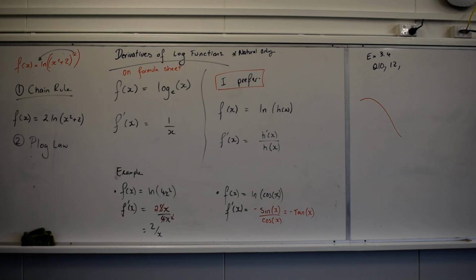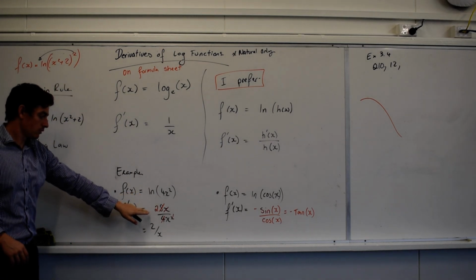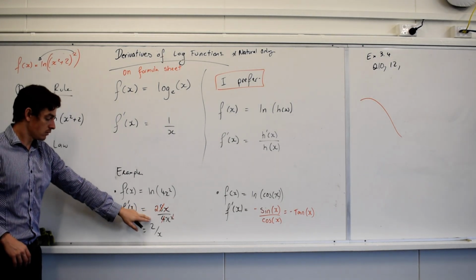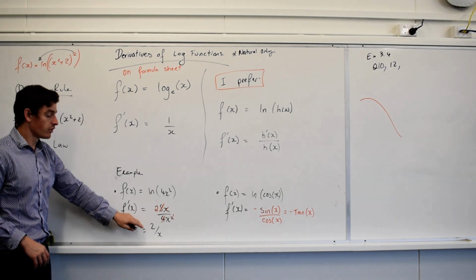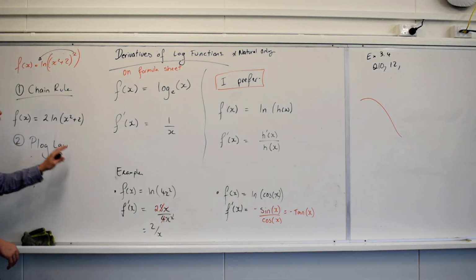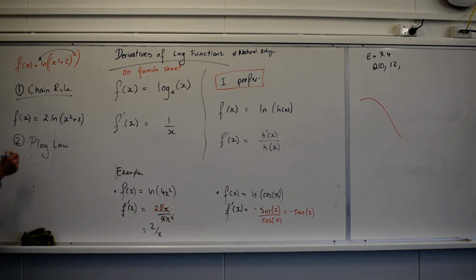Where does the 2 go? When you've got 2 ln, once you've derived it, does it just stay in front of h of x? Oh, to derive that? Yeah, so for example, what's the derivative of 2x? Well, it's just 2 times the derivative of x, which is 1.